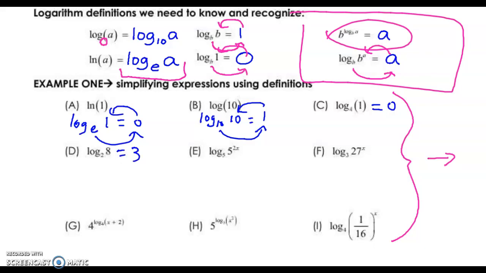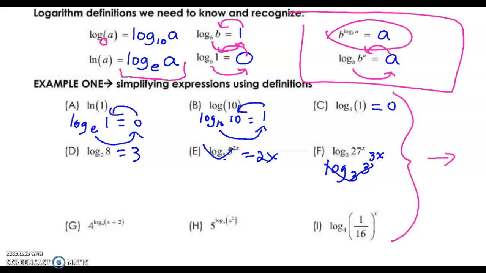Now this one, if you think of this as 5 to the what power equals 5 to the 2x, that's just going to be 2x. So what happens is the log base 5 of 5 cancels out, and it's just the exponent that's left. This one, you can think of a couple different ways. Let me rewrite 27 as 3 to the third power, and there's an x there.